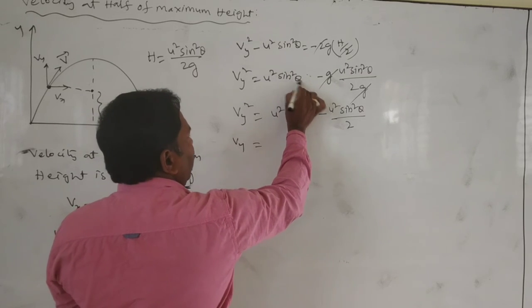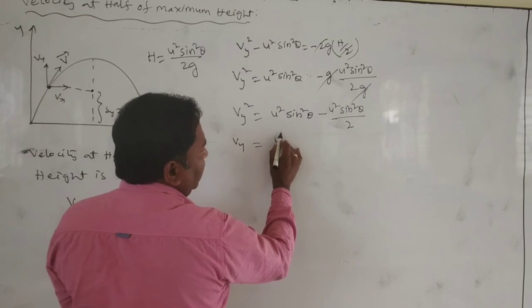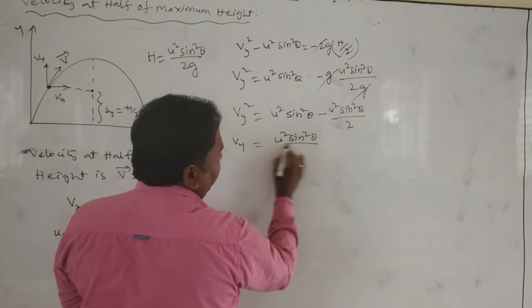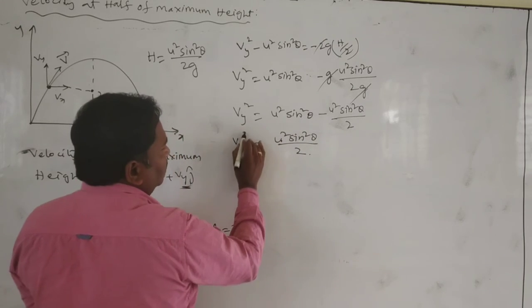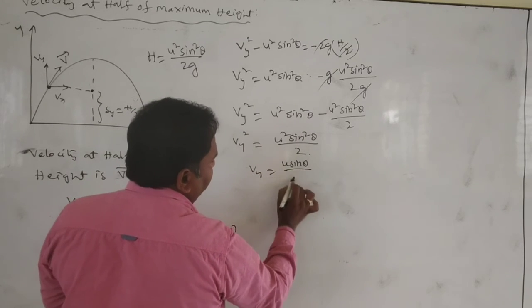So you will get u square sin square theta by 2, so this is vy square, and vy equals u sin theta by root 2.